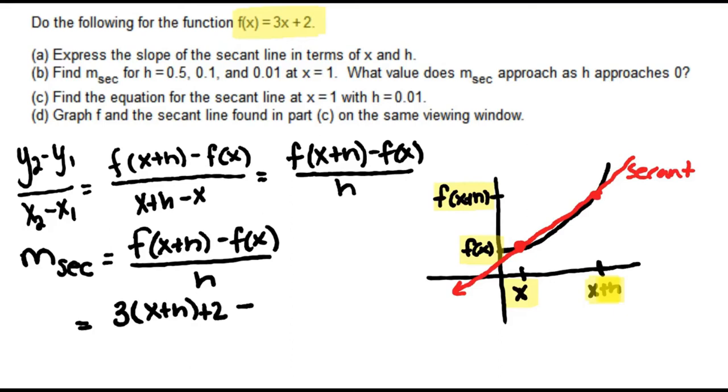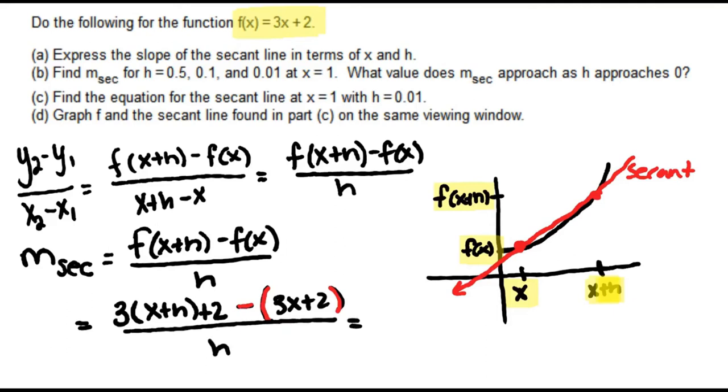And then I want to subtract f of x. Our function f of x is 3x plus 2, and notice I put parentheses around that function. And that's to make sure that this minus applies to the whole function and not just the first term. In the denominator, we have h.